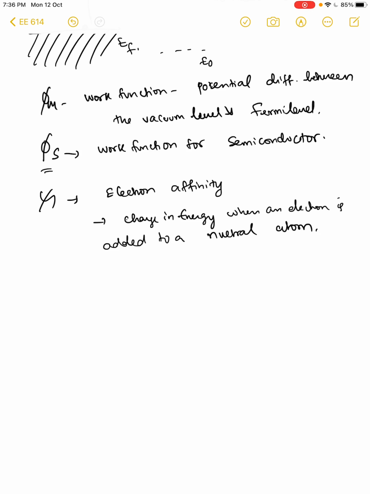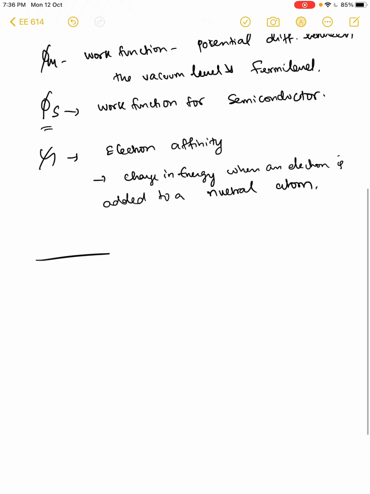So what it means is, let us take that if we have a semiconductor, some Fermi level somewhere, and then some vacuum level E0, right? This is EC, this is EV, this is EF. We have seen this before.